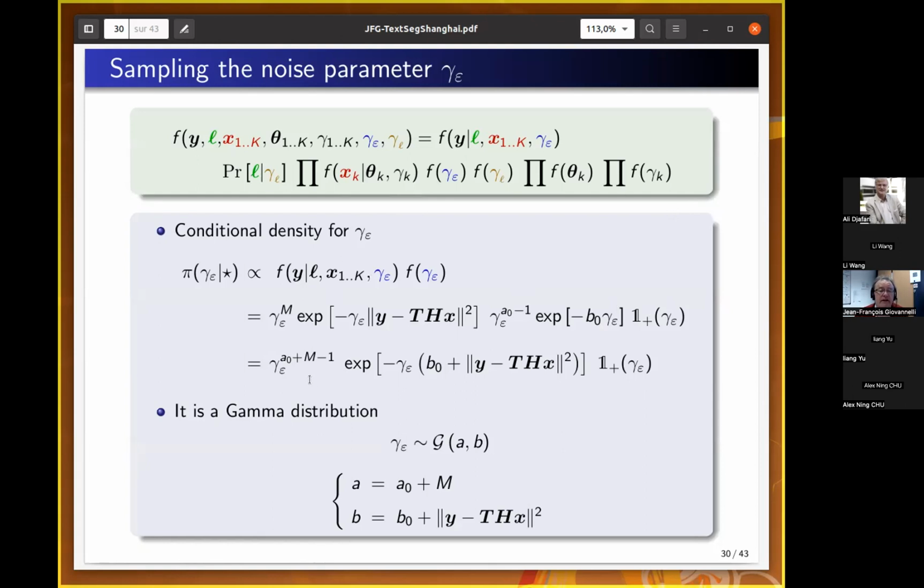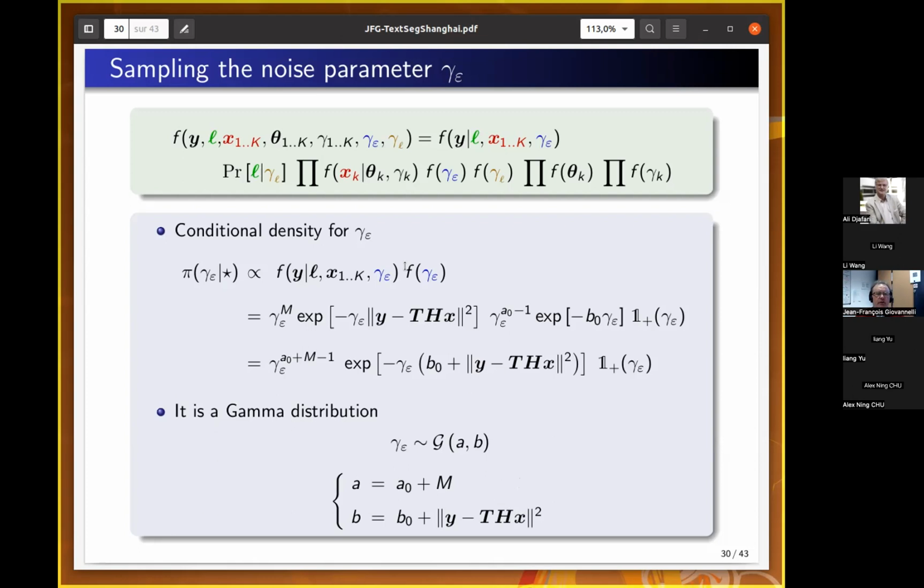And then we easily see, by the idea of conjugacy, that we have a gamma probability density function. And we have two parameters for this gamma probability density function that can be computed easily. This is the number of data, and this is the adequation to the data term, data minus output of the observation system for a given image, in fact the current image in the Gibbs sampler.